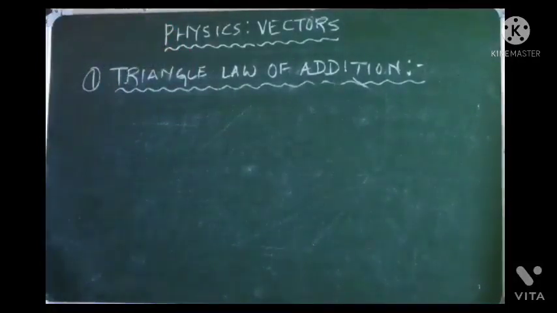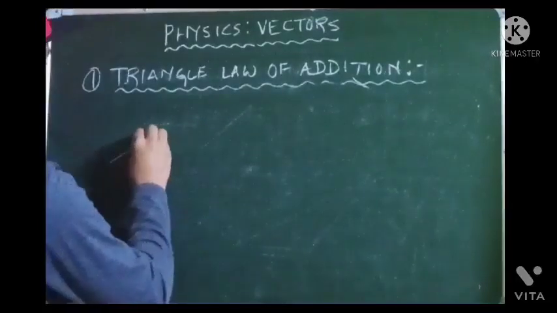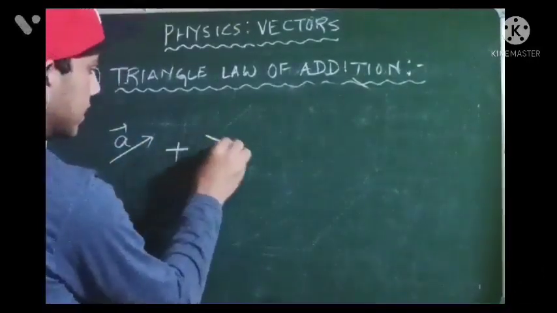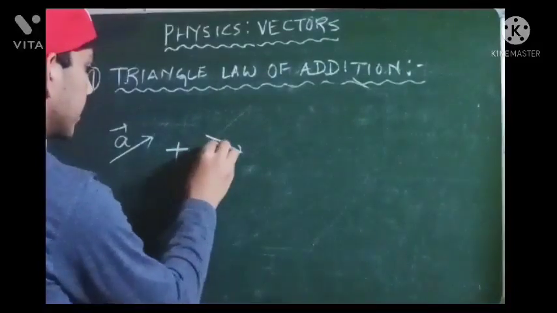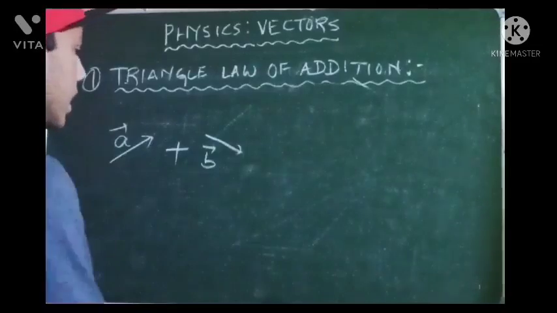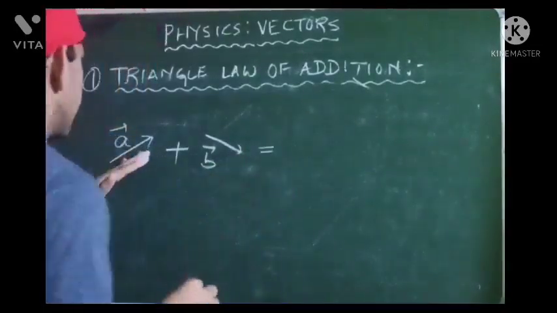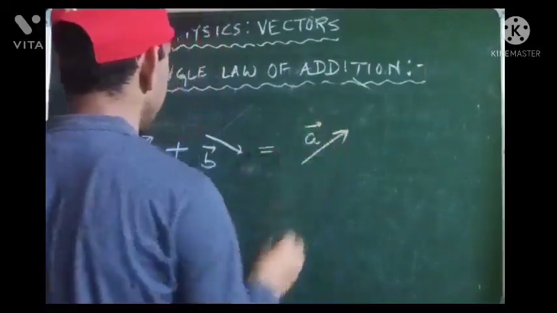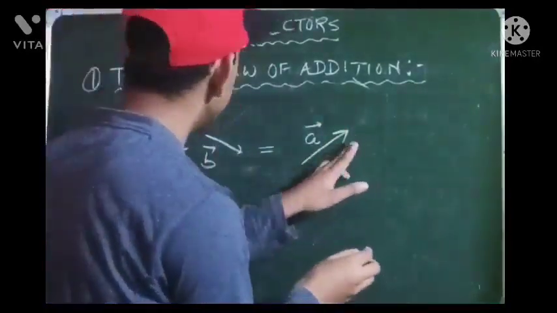We can take another example. Suppose this is a vector plus this is b vector. Then if we have to find or draw the resultant vector, first let's draw the a vector as it is and the b vector in this position.